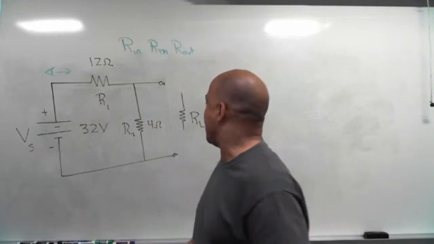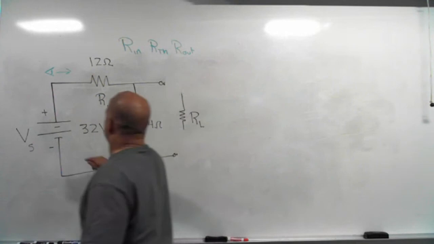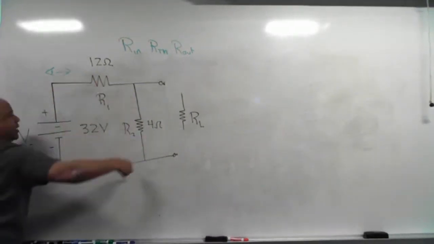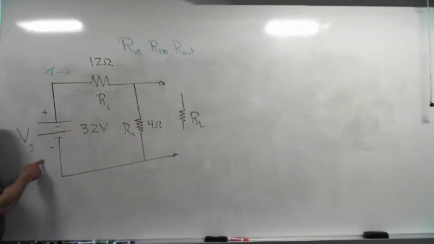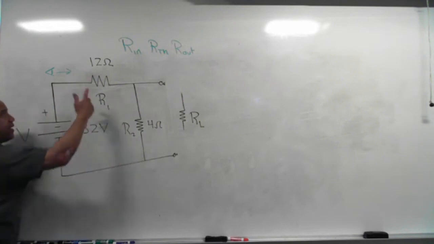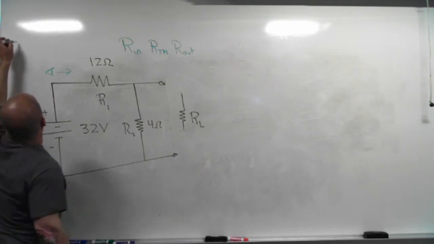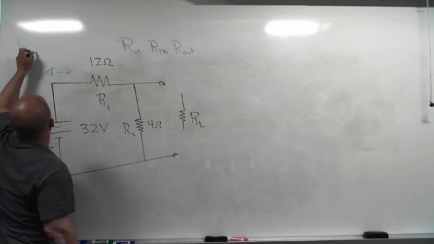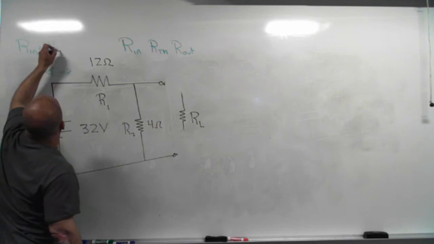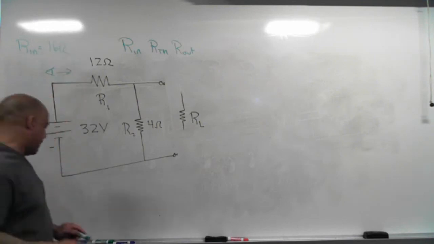That's not what I want. I want just the charger, so I remove the cell phone. So looking at it this way, the circuit that the battery thinks it's hooked up to is a series circuit, and in series, R1 plus R2, in this case, is 16. So my input resistance is 16 ohms.